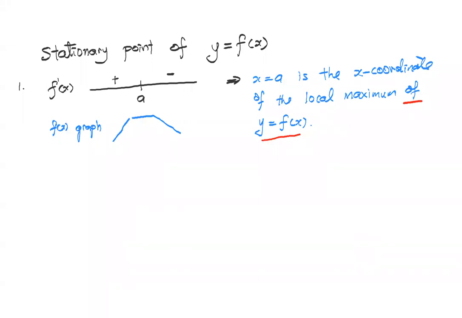Second situation. If the f prime x sign diagram looks like this, I call this B. This is a minus, this is a plus. So my fx graph will look like this.